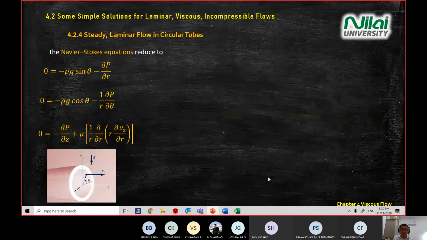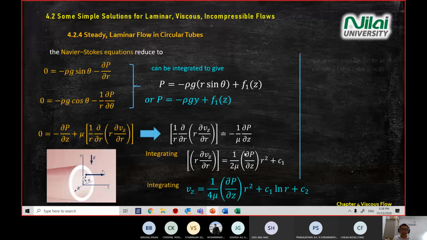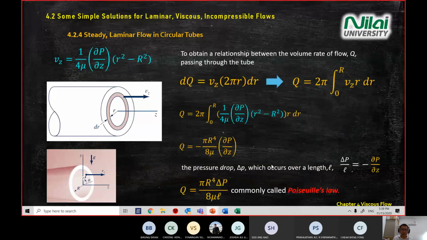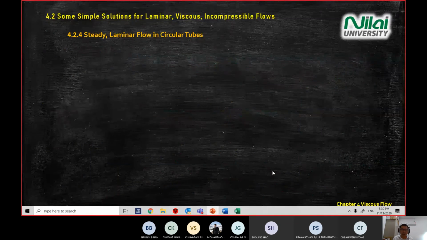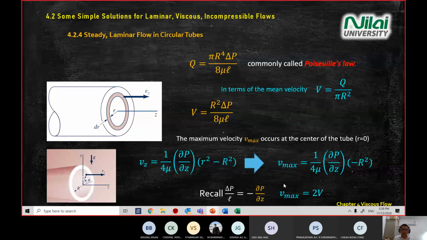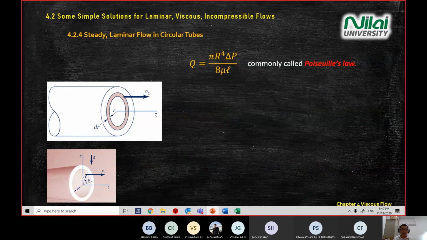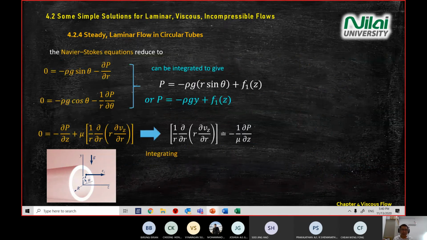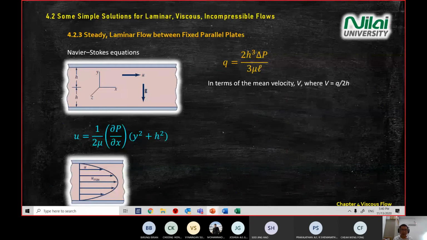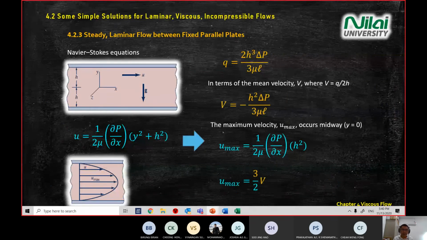However, if you have a cylindrical pipe, the Umax will be 2V. If you have a cylindrical pipe, the Vmax at the center will be higher than for parallel plates. These few slides explain the phenomena.